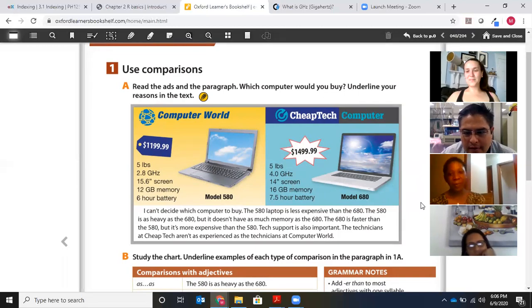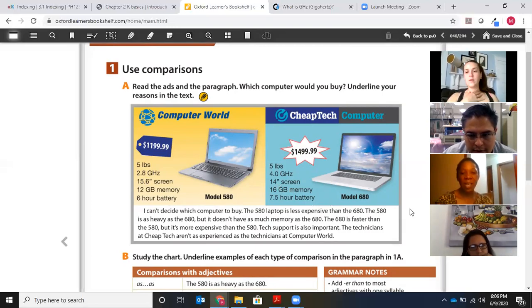Yes. Cheap Tech computer. $1,499.99. Good. 5 pounds. 4.0 gigahertz. Good. 14-inch screen. 16 gigabytes of memory. 7.5 hours battery.